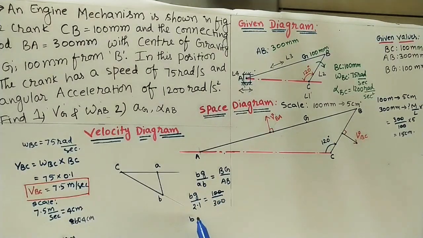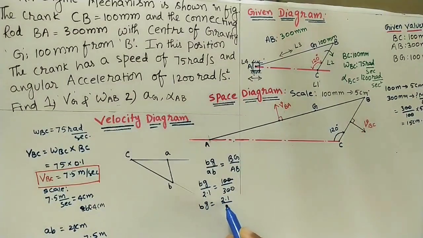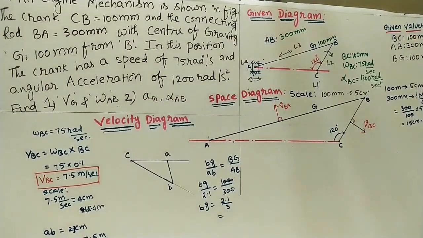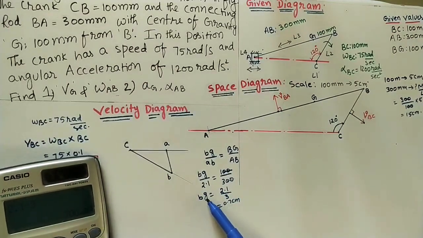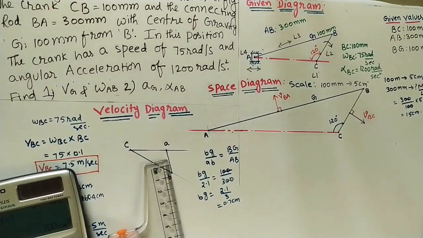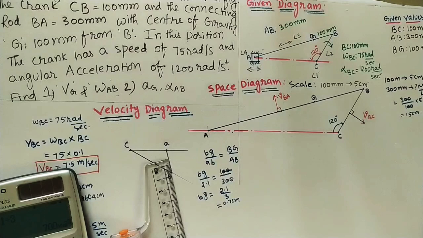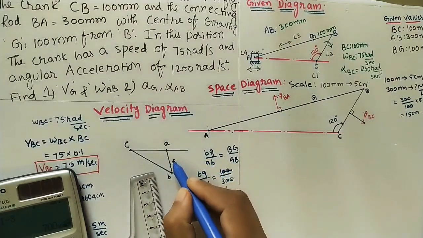So BG is equal to 2.1 by 3. Calculating, I got BG value is 0.7 centimeters. So from B mark 0.7 centimeter, and at that mark is the G point.